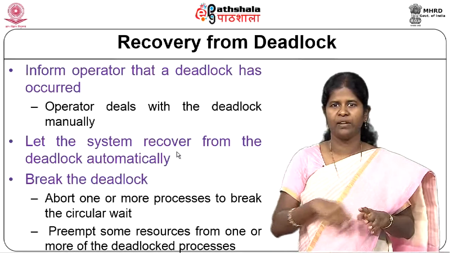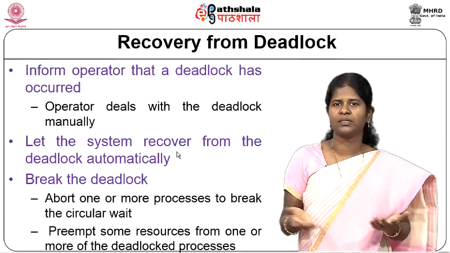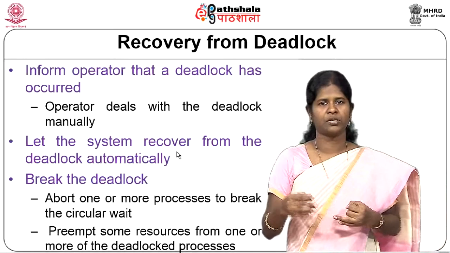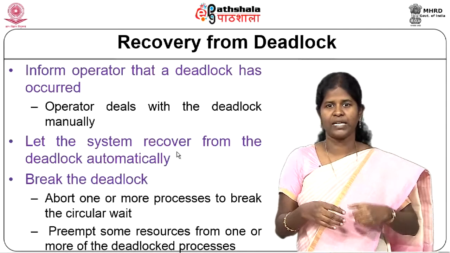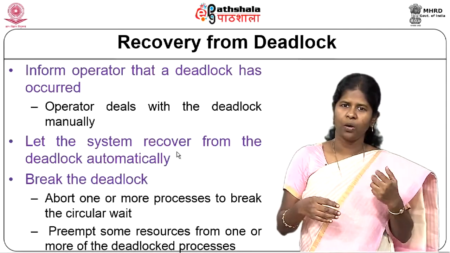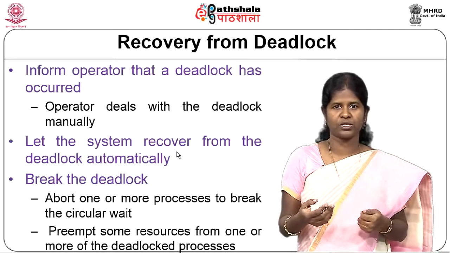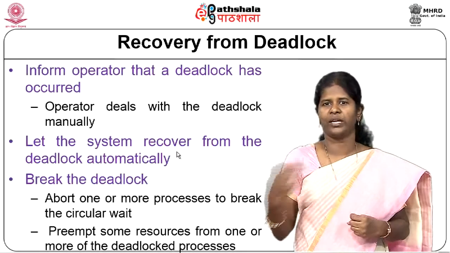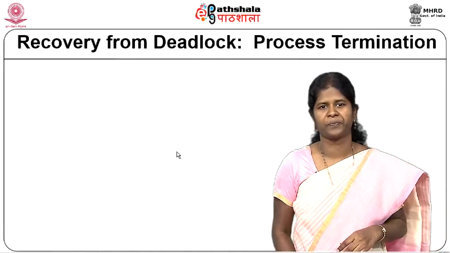One or more of the processes involved in the circular wait can be removed, and hence there will be no deadlock. The second way is to preempt some resources from one or more of the deadlocked processes. The deadlocked processes are holding some resources and are waiting for more resources. So, you can preempt resources from the deadlocked processes and give them to the processes which need them, so that the deadlock can be broken.